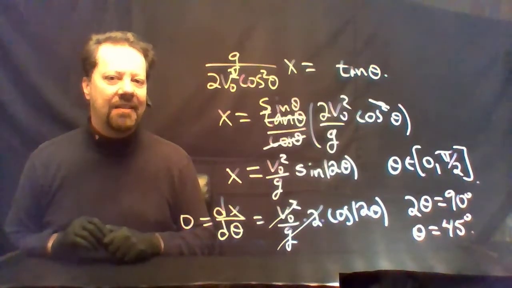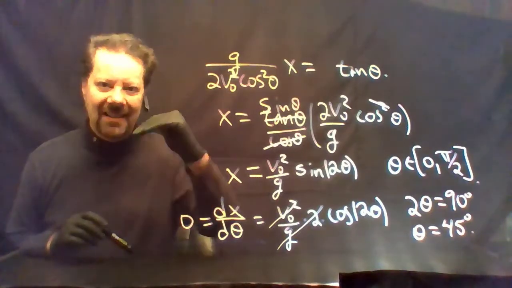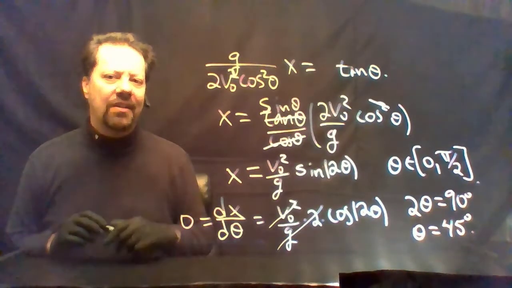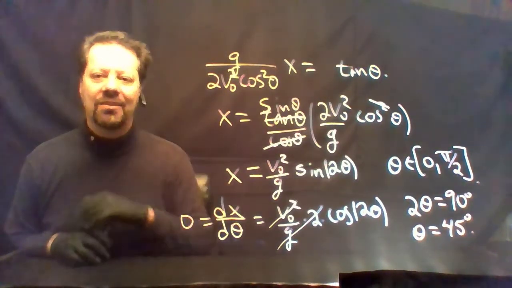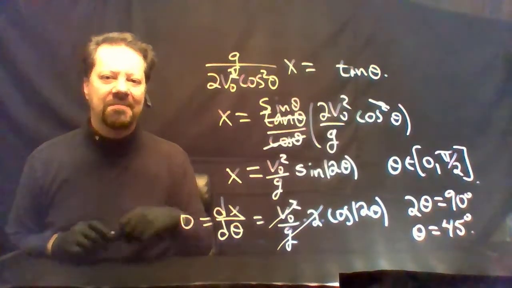That shows us that theta equals 45 degrees is a critical point, but is it a local max? There is something called the unique critical point theorem. If you have a unique critical point on some domain, then that's either a max or a min.